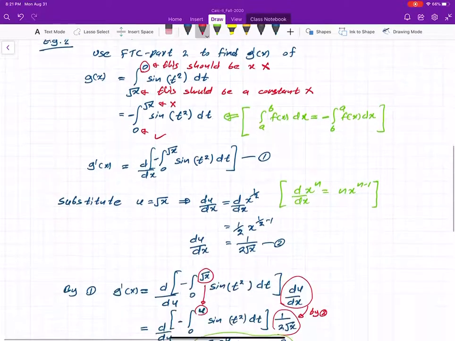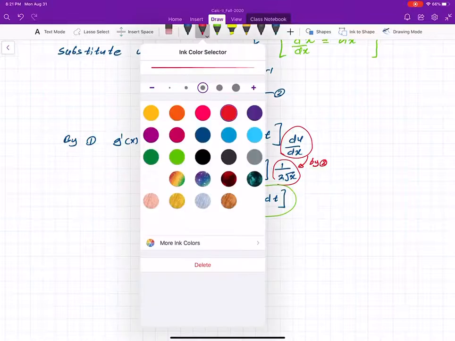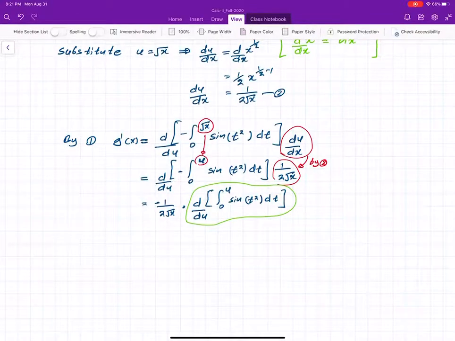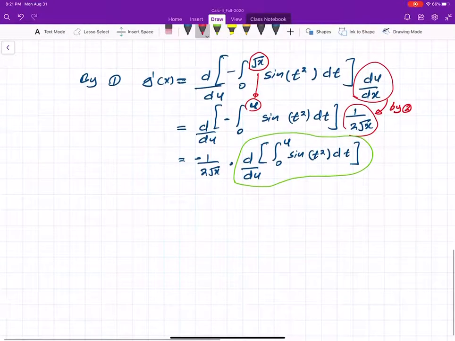Here this is a constant. This is a constant, the lower bound. This is just u, and u is fine because our new variable is u.